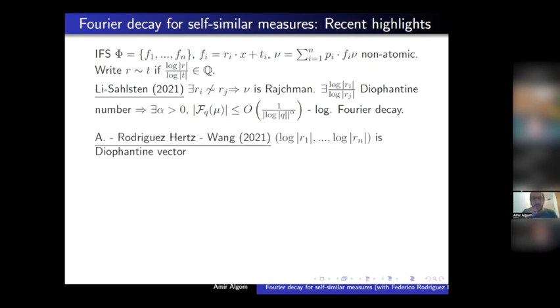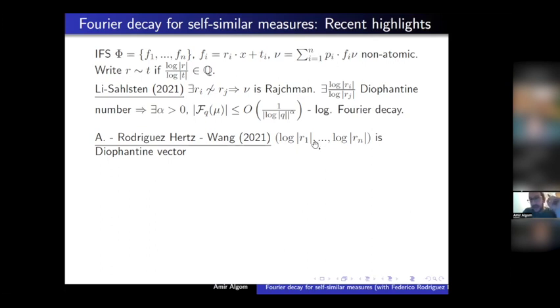Then, with Federico and Guiheneuf, we give another proof of this result, and we also extended the effective result, namely, we proved it assuming the vector of log contractions is Diophantine. So, okay, a Diophantine vector is a little bit different than a Diophantine number in the sense that for all large enough dilations, you can find one of the entries in the vector such that if you dilate it, it will stay away from the integers in some controlled way.